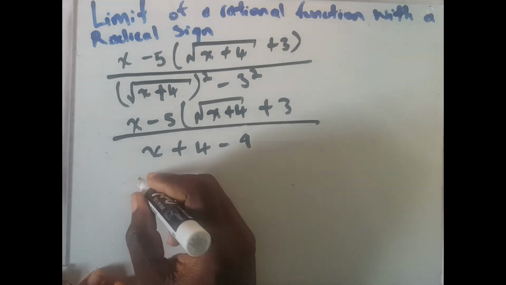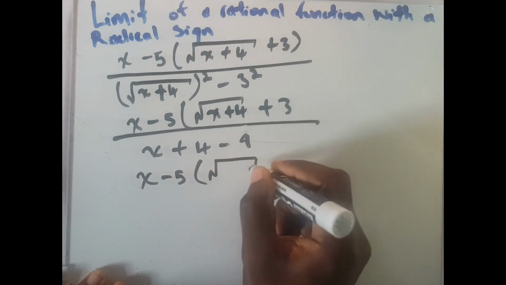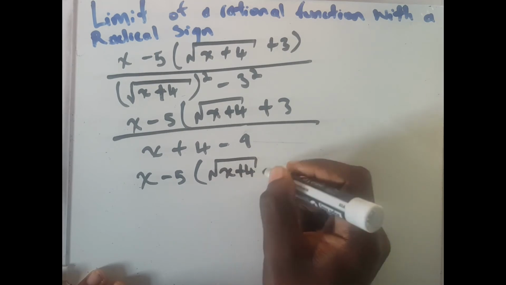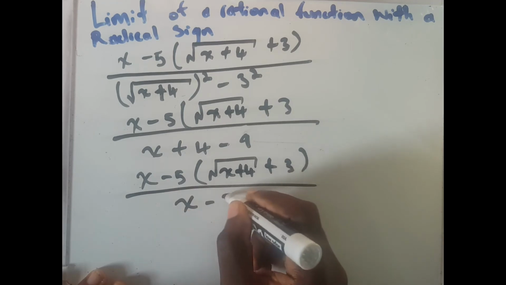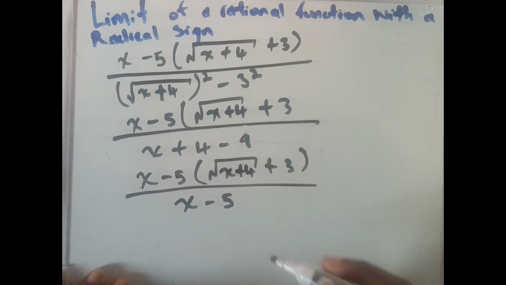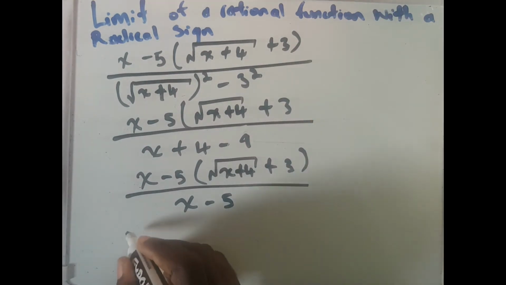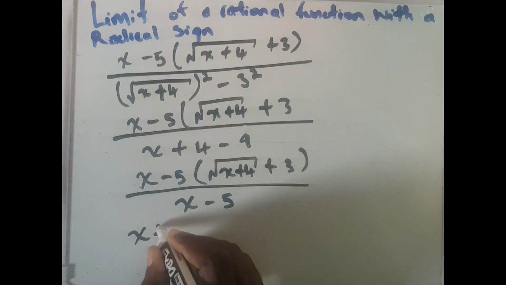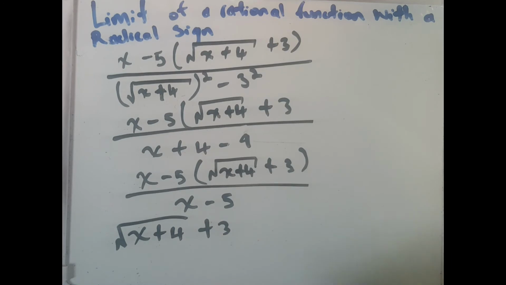So I would have x minus 5 times root x plus 4 plus 3 all over x minus 5. And the x minus 5 would cancel, leaving me with root x plus 4 plus 3. So this is what I'm left with now.